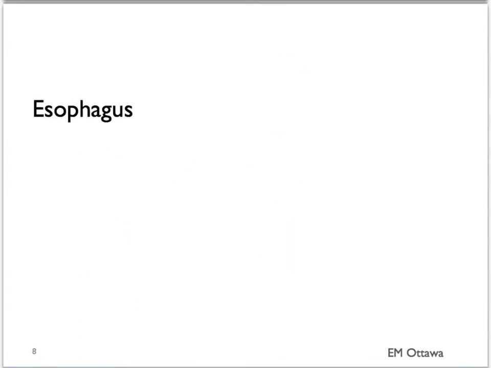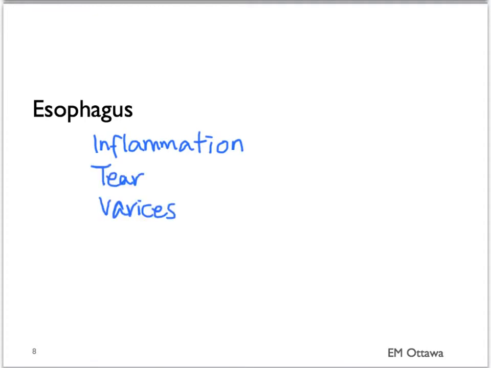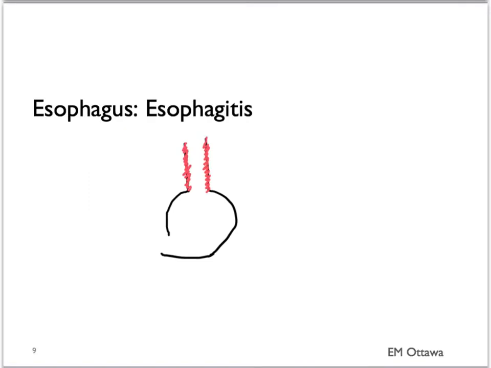Let's move on to the esophagus. There are a few causes of bleeding from the esophagus. They include inflammation, tears, or varices. Esophagitis or inflammation of the esophagus often present with symptoms associated with gastroesophageal reflux.